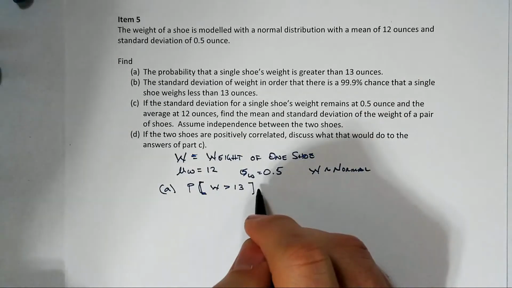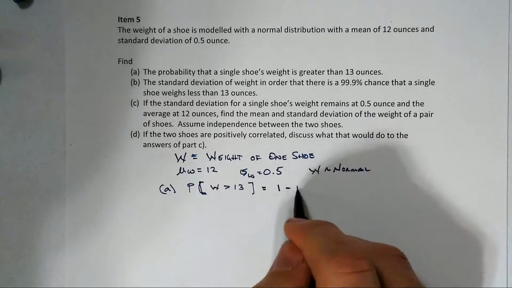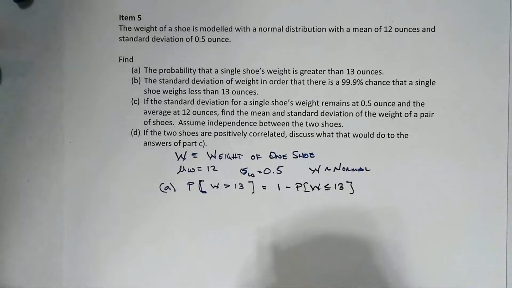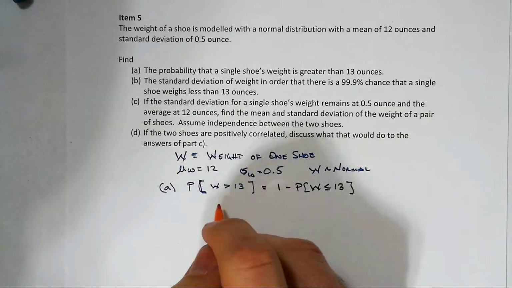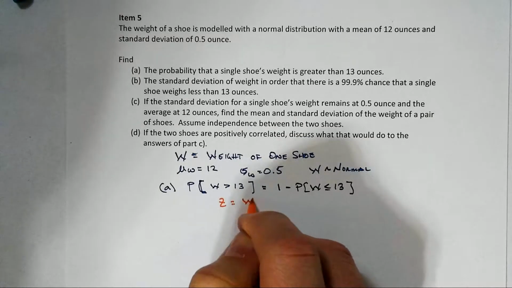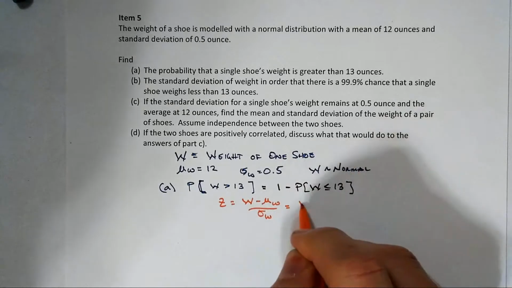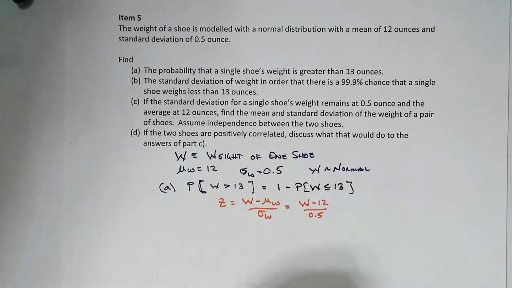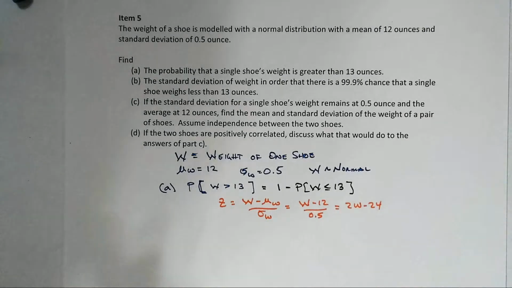And so that's the same thing, of course, by the way, as 1 minus the probability that the weight is less than or equal to 13. And since the weight is modeled with a normal distribution, we can define instead now z equaling w minus the mean of w divided by the standard deviation, or w minus 12 over 0.5. That'd be the same thing as 2w minus 24 ultimately.